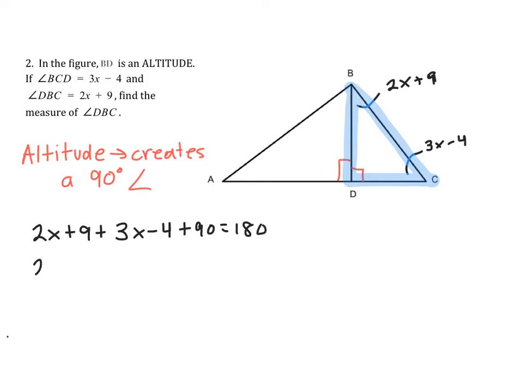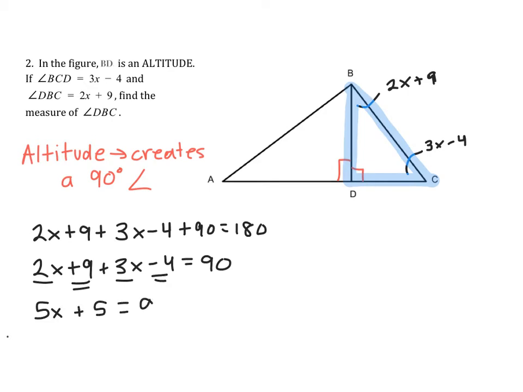I'm going to subtract 90 from both sides. This is also an equation you can create immediately. If you have a right triangle, the other two angles are always going to add up to 90. So whether you want to add them all up to 180 or take the other two and set them equal to 90, it's completely equivalent. Now let's combine like terms, and then we'll finish solving.